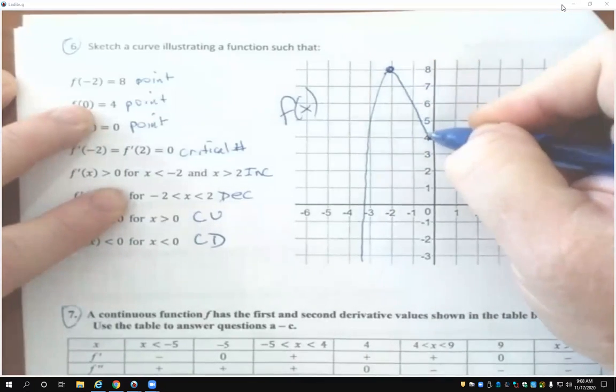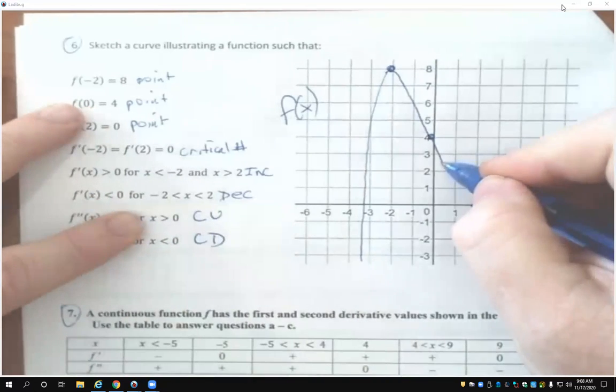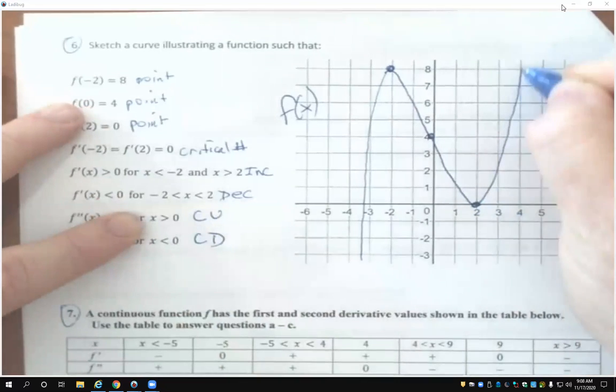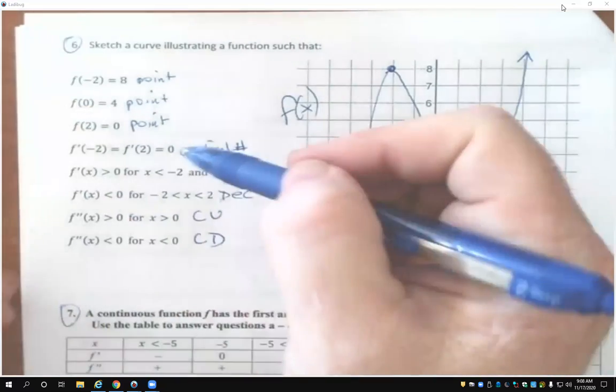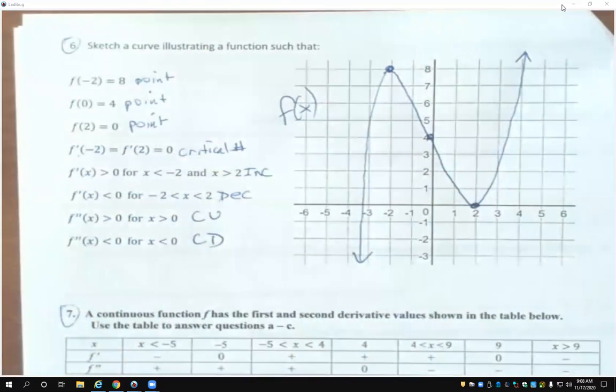So it's a max. And then I'm decreasing from -2 to 2. And then I'm going to change to increasing. And I was able to sketch this graph here without ever knowing anything but 3 points on that graph, based on knowing the information that I can dissect from derivatives, first derivative and second derivative. Like I said, those relationships on that front page are extremely important.